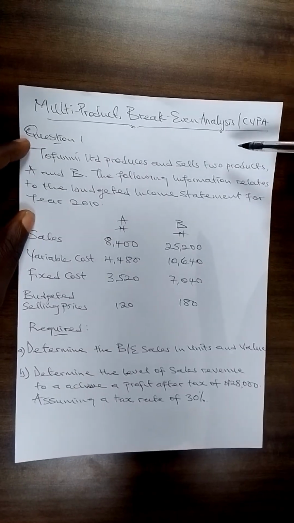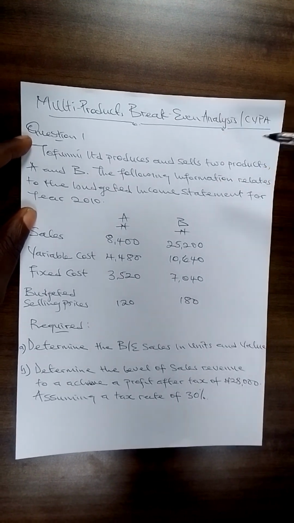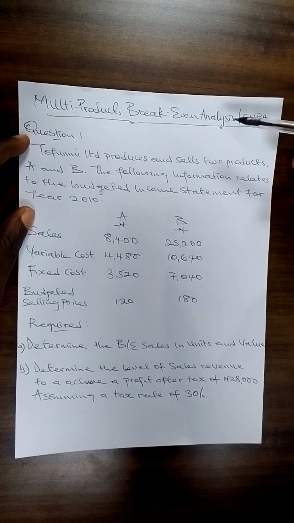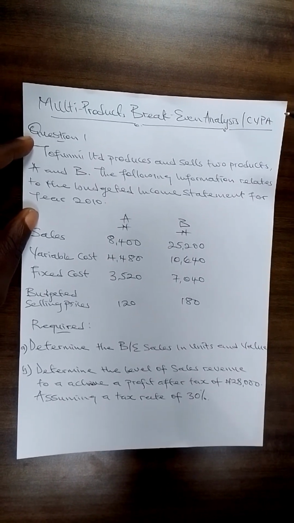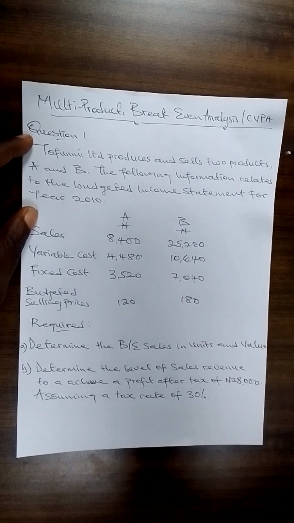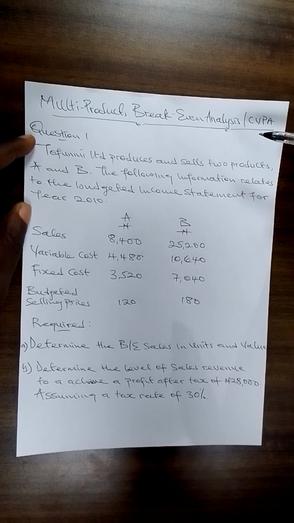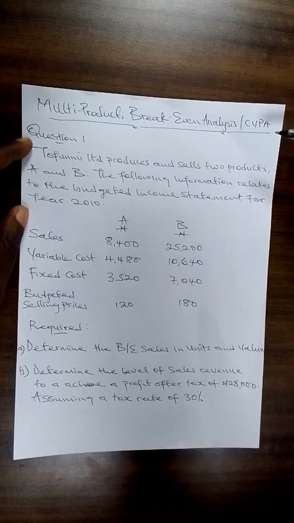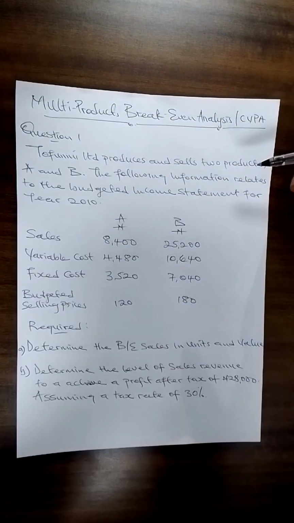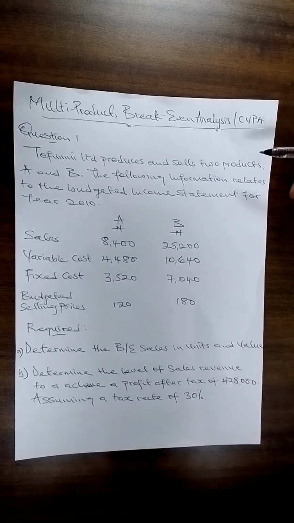So break-even analysis can be computed for both a single product and multiple products. That is, where a company is producing more than one product. Today we are going to look at these questions.